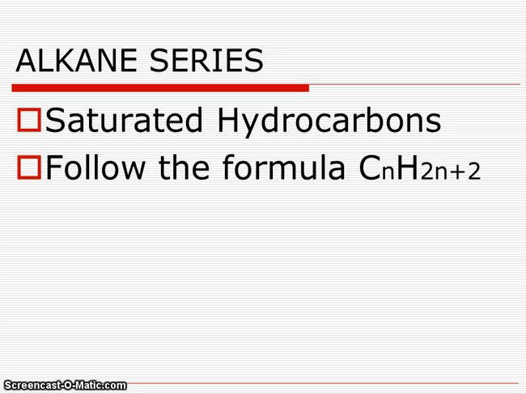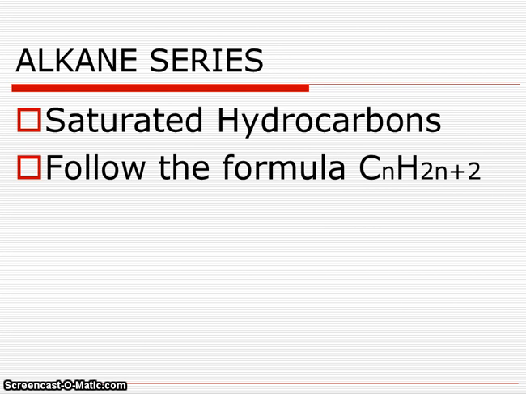Now, all alkanes follow this general formula, CnH2n+2. That means that for every n number of carbons, we have 2n+2 hydrogens. So if n equals 1, we would have 1 carbon, and 2 times 1 plus 2, or 4 hydrogens.